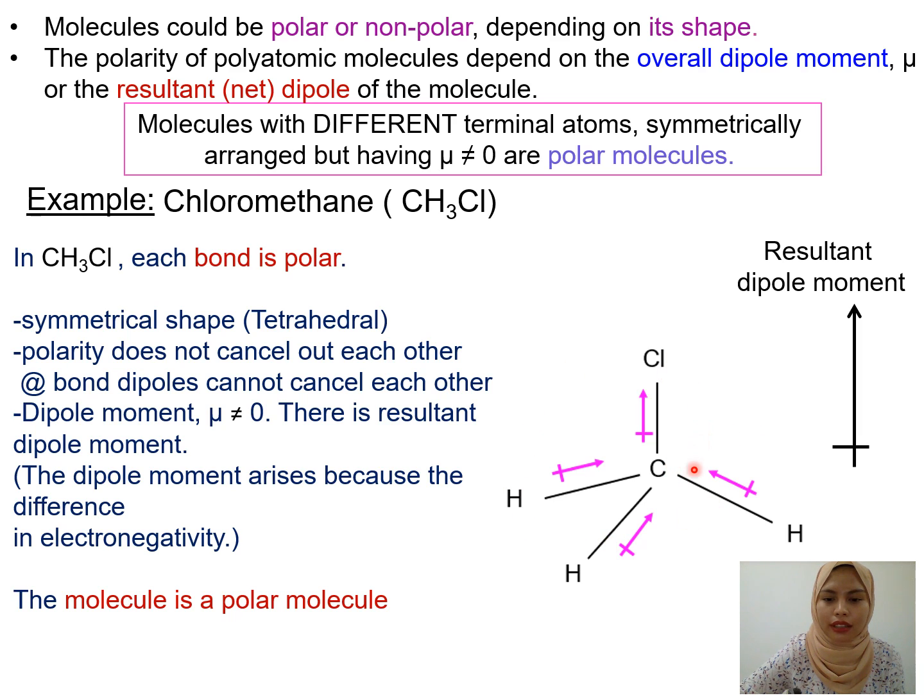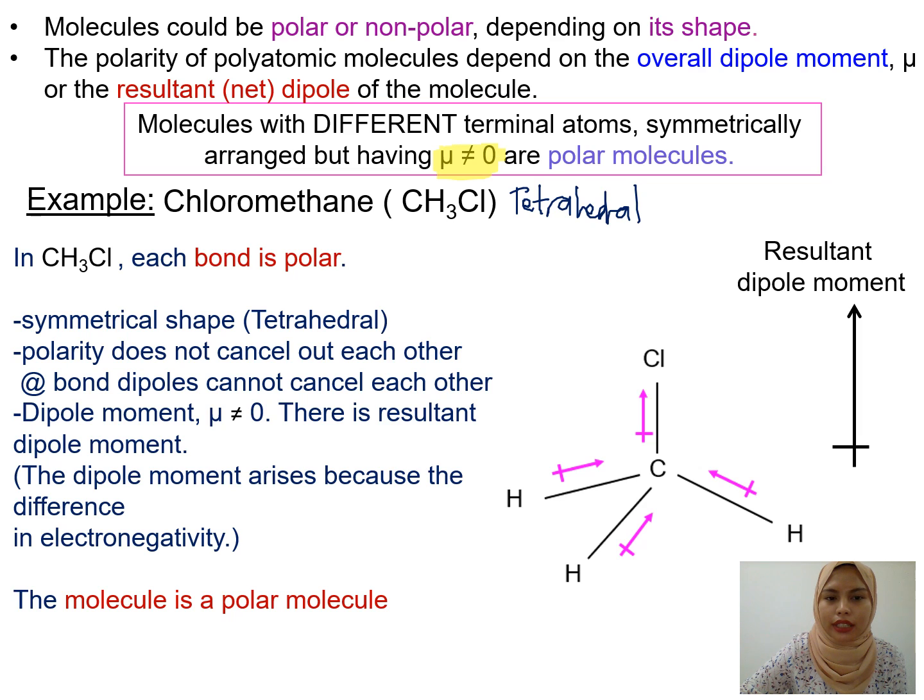As Miss dah bagi tahu tadi, kalau let's say tetrahedral ialah one of the shapes yang symmetry, okay? Tetapi kalau let's say shape tu symmetry, dia ada different terminal atoms, therefore dia akan jadi polar molecules since that dia punya molecules ada apa?